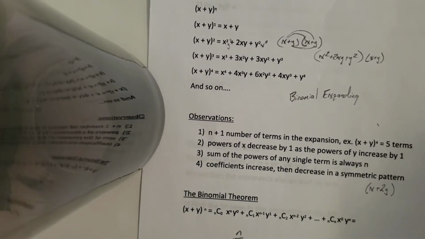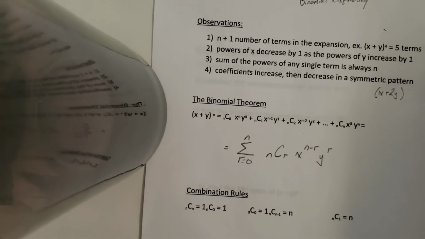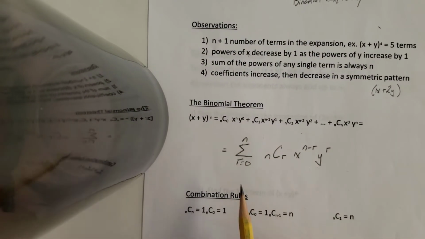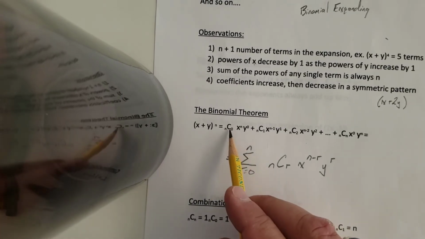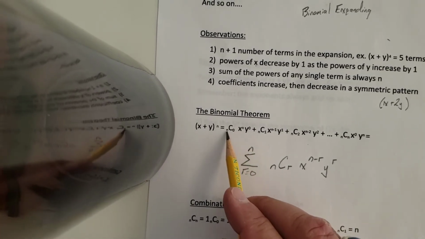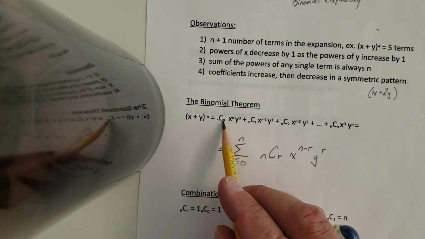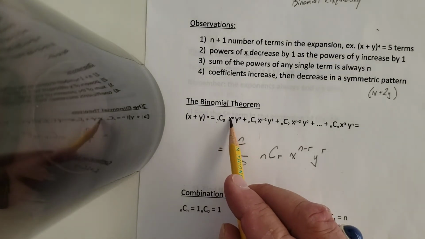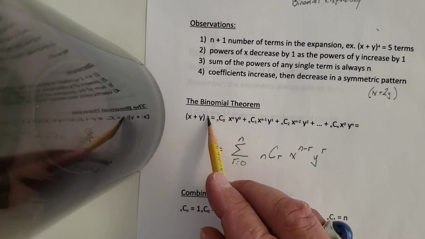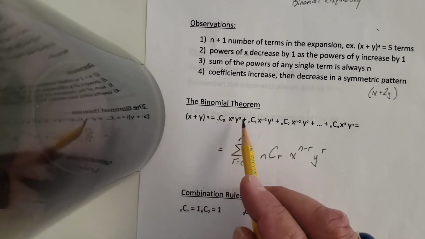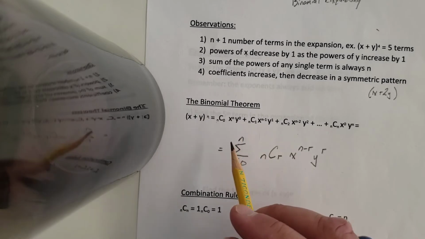Now in the basic form that we learned, the binomial theorem, this is how we expand it. x plus y to the n. Your coefficient is a combination of n things taken 0 at a time. Your first term's exponent starts with whatever your power is, n, and your second term starts at 0.